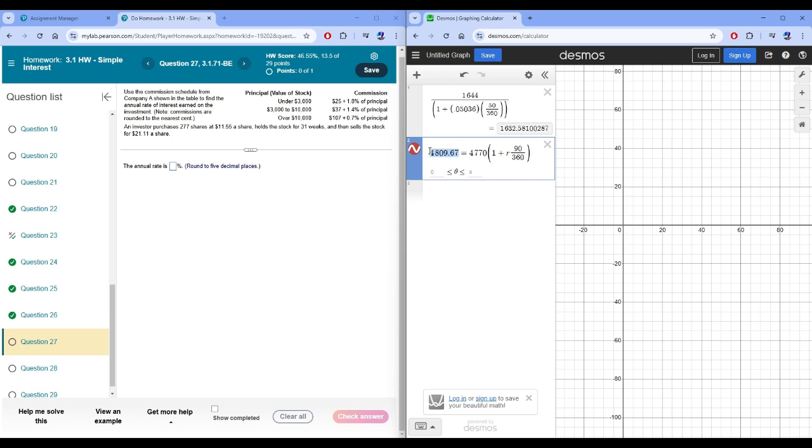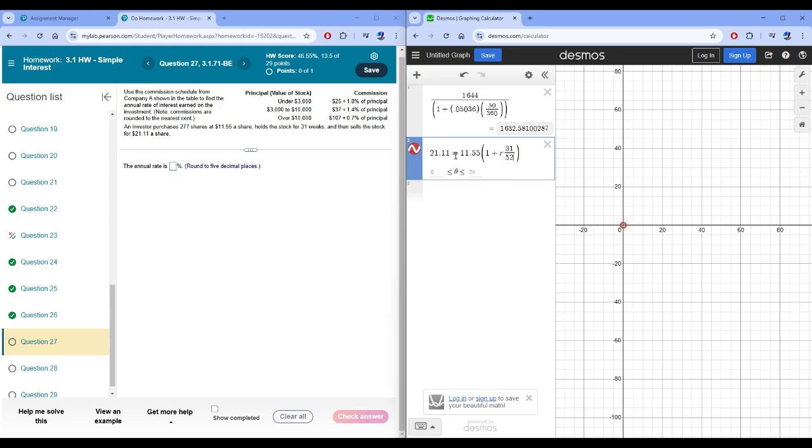So let's go with 11. No, it says principal. Principal, he would do 21.11, and then the initial was 11.55. 31 gives me 31 over 360, oh no, 52, because there are 52 weeks in a year.